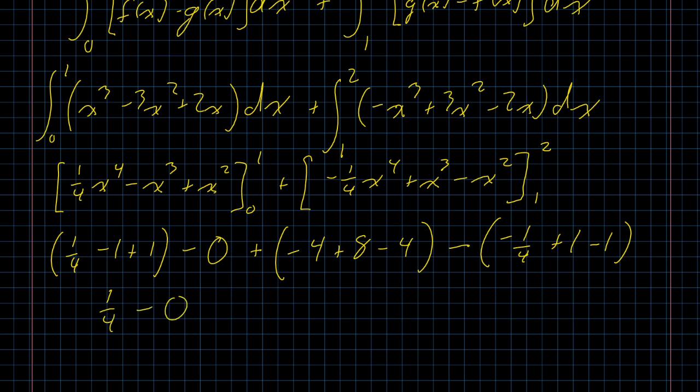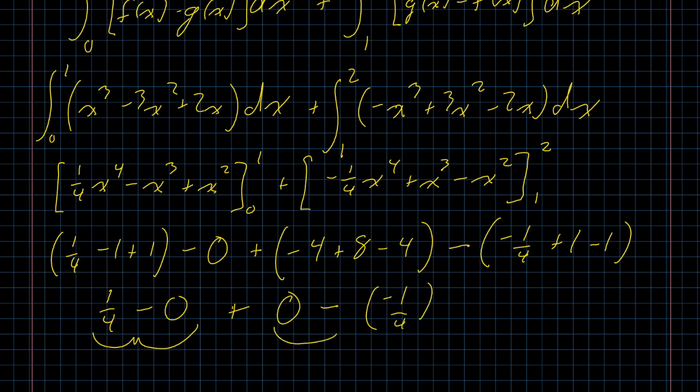I'm going to go ahead and keep that minus 0 in just for a moment so that I can remember that all of this was the area of the first kind of loop of the figure. And then over here, we have minus 4 plus 8 minus 4, all told that's 0, minus negative 1/4 plus 1 minus 1 is negative 1/4.